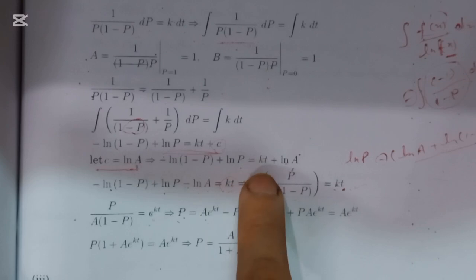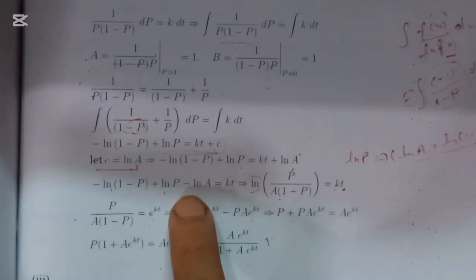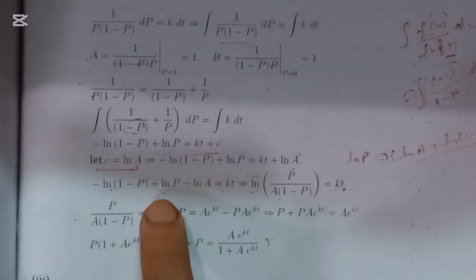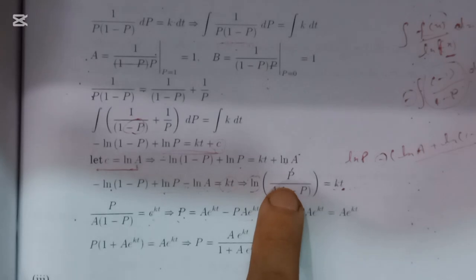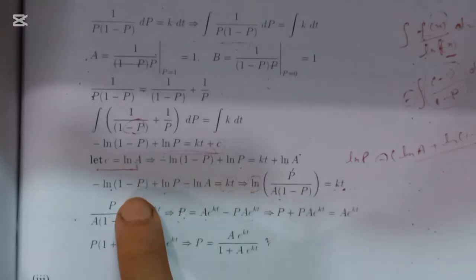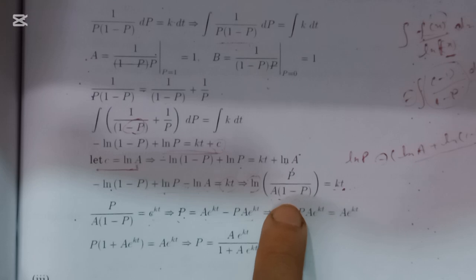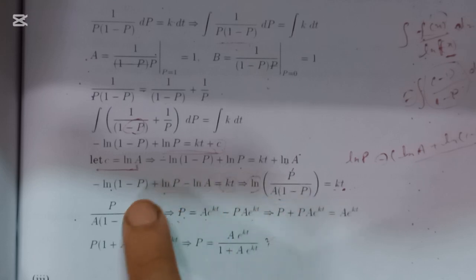Now you will take this natural log of A to the left hand side. So on the right hand side kt will be left. From here you can see these two values have minus, so you will take minus common here. So this value P will be put in the numerator, and these two values, (1 minus P) and A, will be put in the denominator, and natural log will be there. So natural log of P over A into (1 minus P).